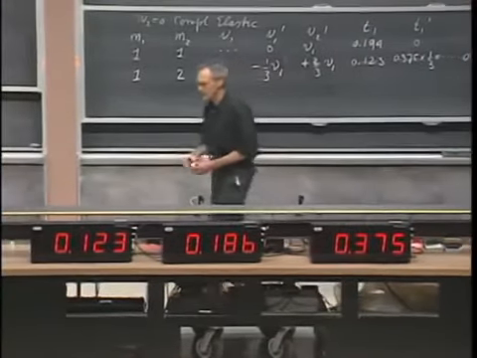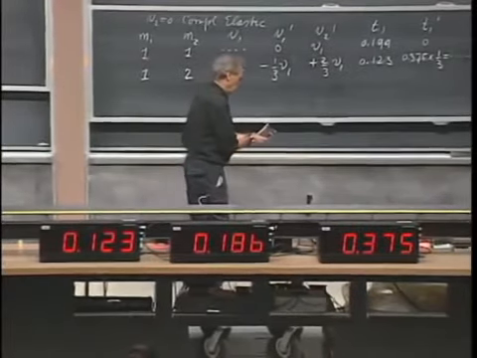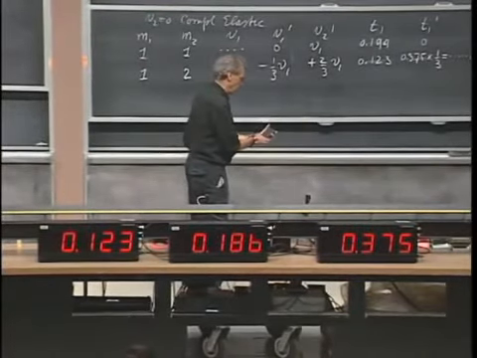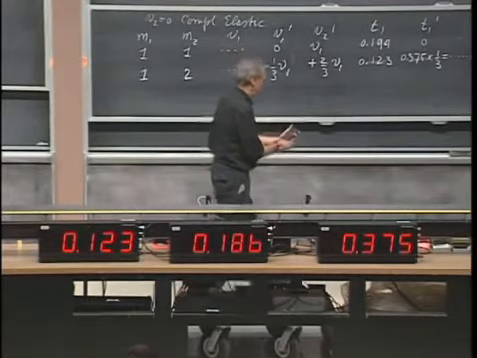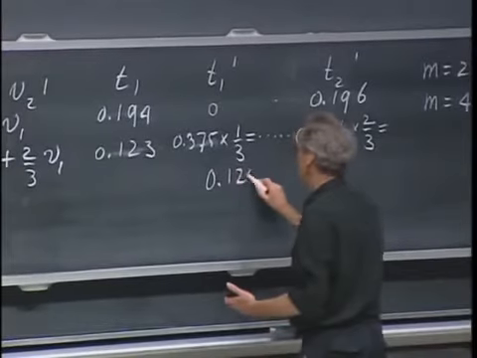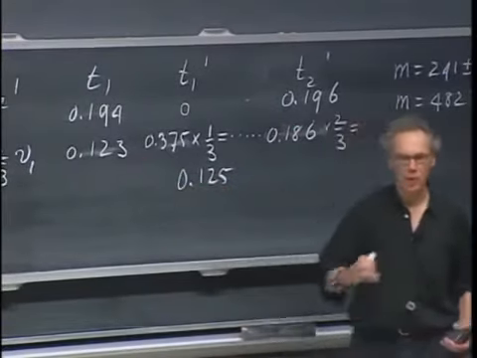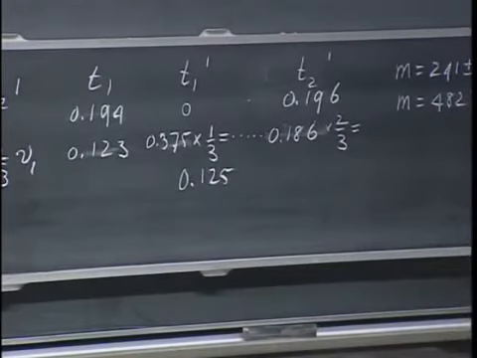Okay, let me be lazy and let me use my calculator. 375 divided by 3. I could have done that by heart, of course. This is 0.125. An amazing agreement. Amazing. Only 2% off, less than 2%.